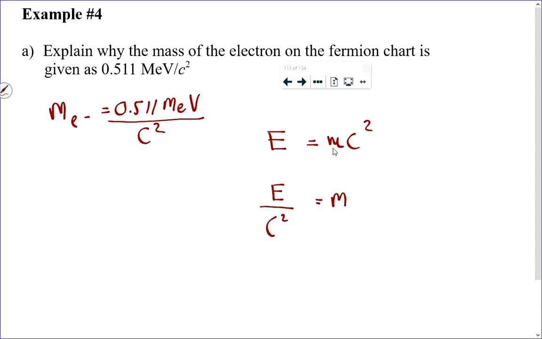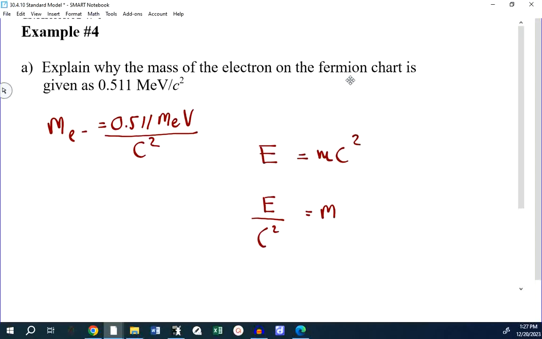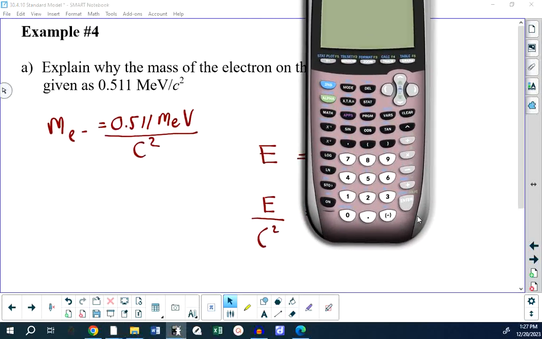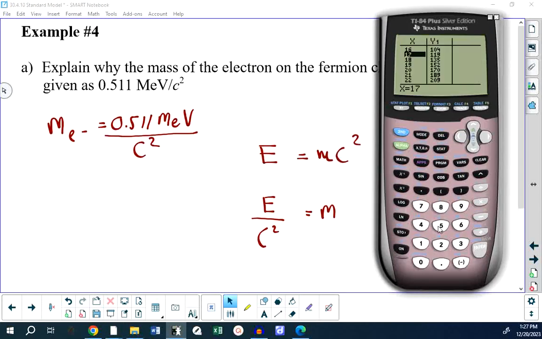So I'm going to convert that millions of eV to joules and divide by the speed of light squared. So millions of eV means 10 to the 6.